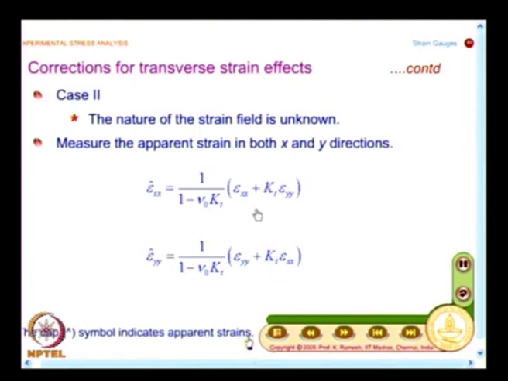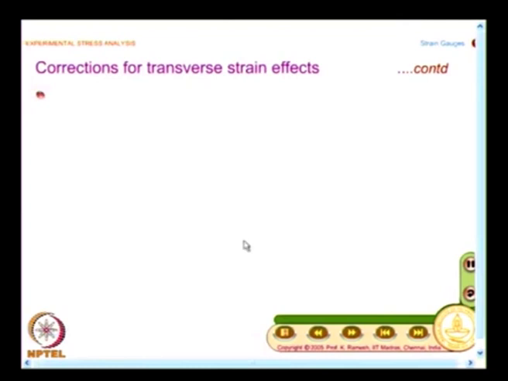And what is the focus? Our focus is to find the true strain or actual strain. Now, I have two equations and two unknowns, and I simultaneously solve them to get epsilon xx and epsilon yy. So, if I do not know the nature of the strain field, I need to do more work and find out what the actual strain is.